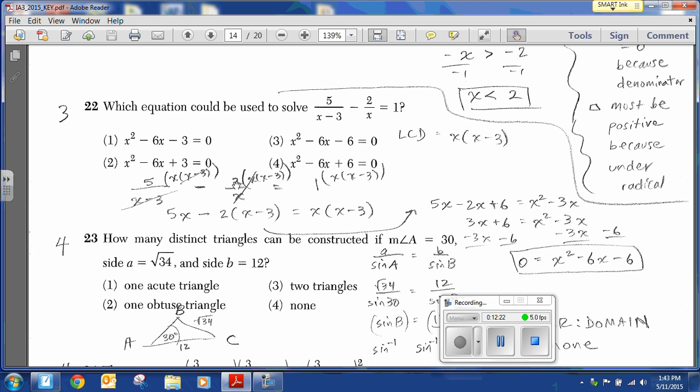The key is to distribute the negative 2 over this binomial x minus 3. So we end up with 5x minus 2x plus 6 equals x squared minus 3x. Continue to solve, and you don't have to go all the way because look at the answer choices. This equation is a match, x squared minus 6x minus 6.